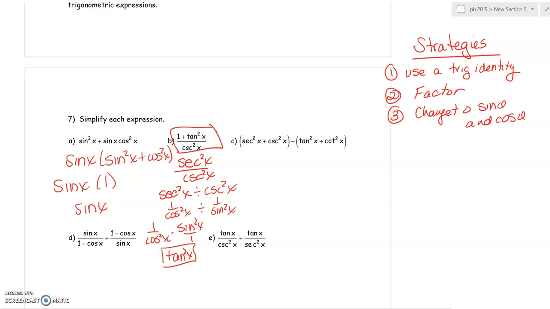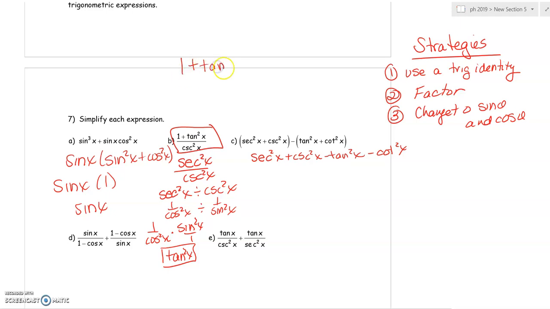Okay, let's try the next one. You can distribute that 9. And again, whenever I see the squares, I'm thinking we're probably going to use a trig identity somewhere. So notice I rearrange these things and move them around because if you go to the previous page, we have a trig identity that has a tangent and a secant together. Let's just write it right here: 1 plus tangent squared equals secant squared.